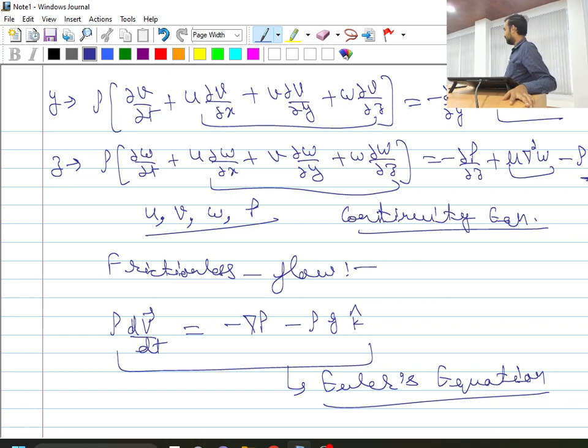So this type of relationship you will be finding. Whatever we are trying to do here is look at the problem from a different perspective, but ultimately the thing is the same. The only difference is that this equation is applicable for each and every point in the flow field, but the Bernoulli equation is applicable only along a streamline. Is this point clear?